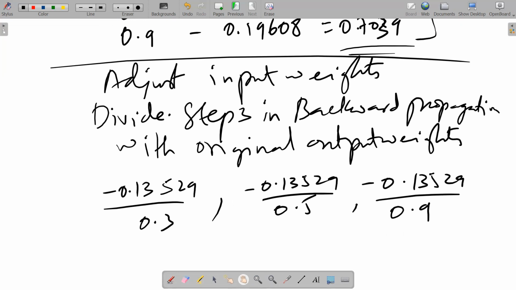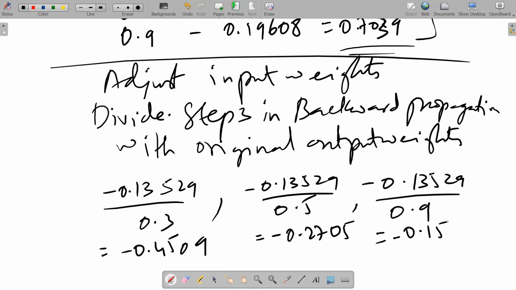Okay, so we get values as minus 0.4509, minus 0.2705, minus 0.1503.